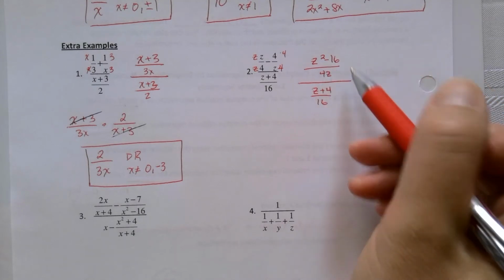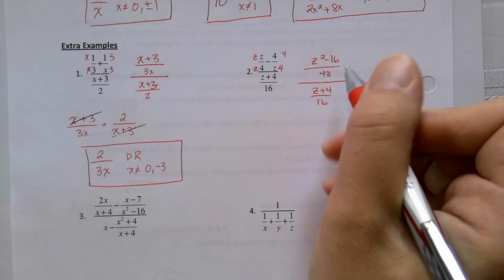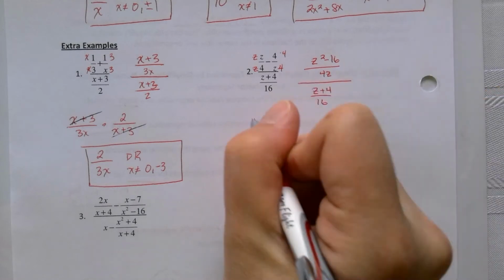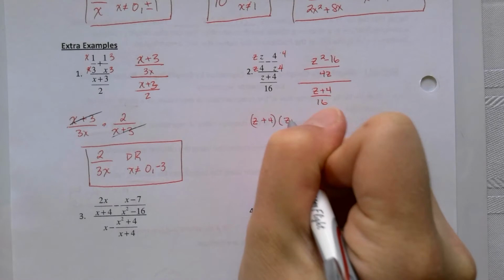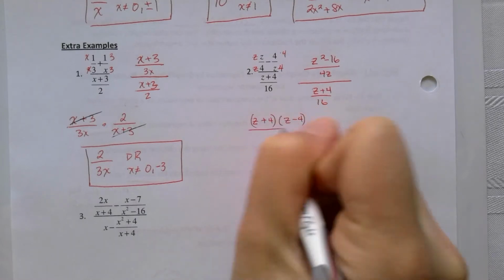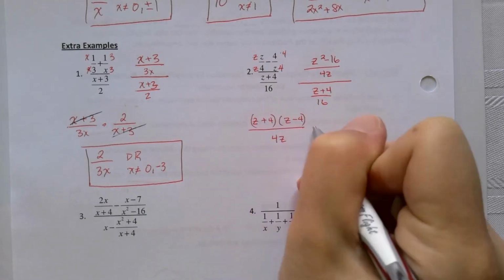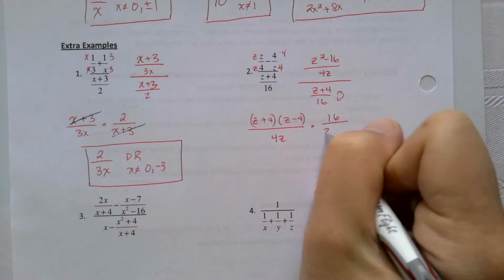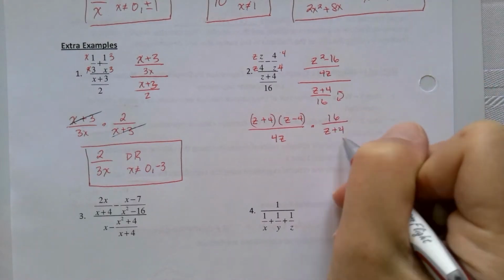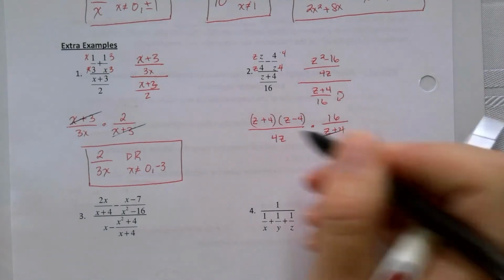And now we're really back to a basic division problem. Now this numerator factors. It's going to be z plus 4, z minus 4, all over 4z, times the reciprocal, which is 16 over z plus 4. And so these z plus 4s are going to cancel.